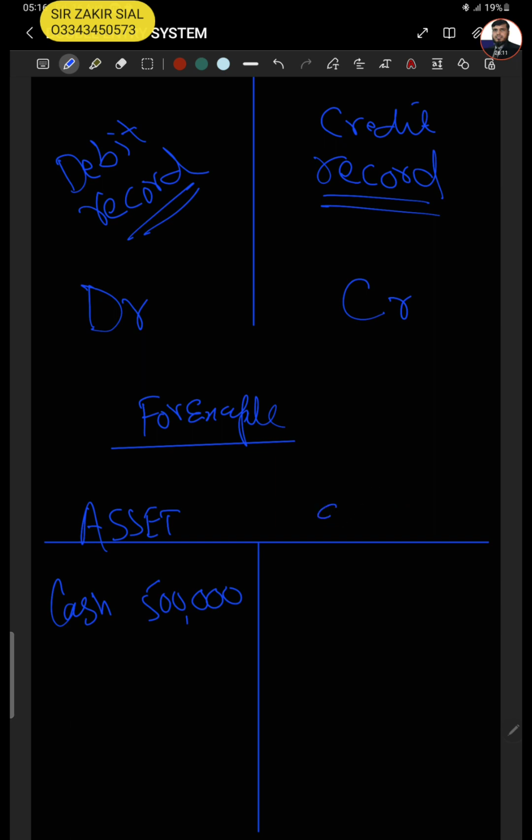On the other side is the equity side, here we can say capital. So you can see both sides are equal. When we are investing in the business, on the debit side there is 500,000, and on the credit side there is 500,000.